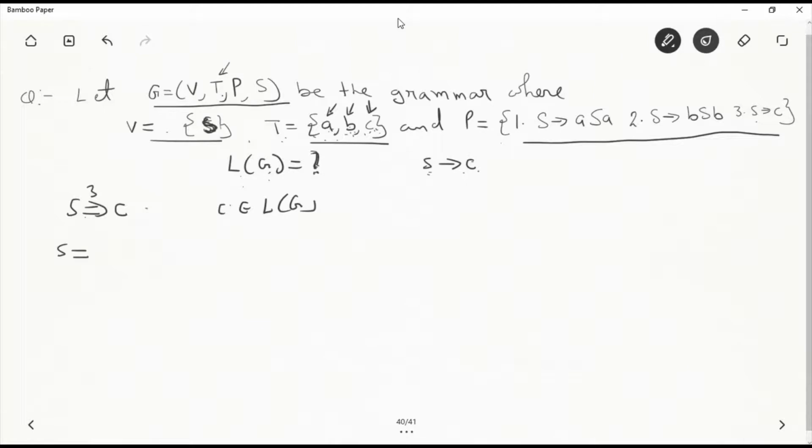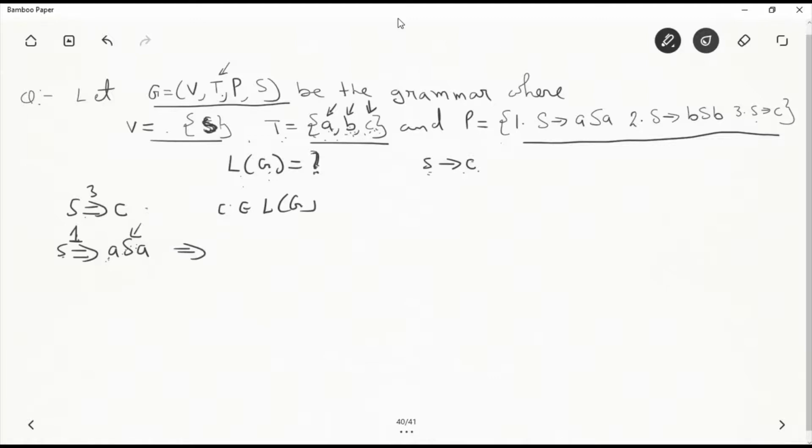Next, suppose we apply production rule 1. S directly derives ASA, but this is not a combination of terminal symbols only. Here one non-terminal is appearing, so we have to replace it by a terminal string.